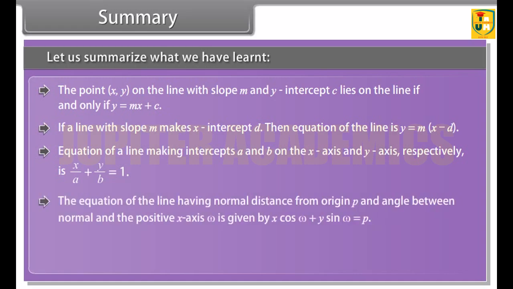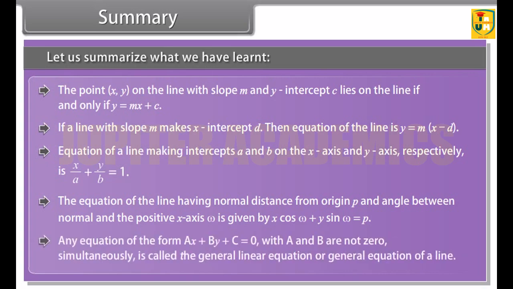The equation of the line having normal distance from origin P, and angle between the normal and the positive x-axis, omega, is given by x cos omega plus y sin omega is equal to P. Any equation of the form ax plus by plus c is equal to 0, with a and b not 0 simultaneously, is called the general linear equation or general equation of a line.